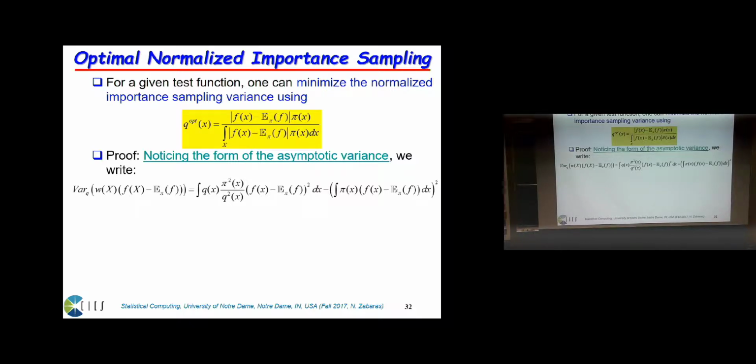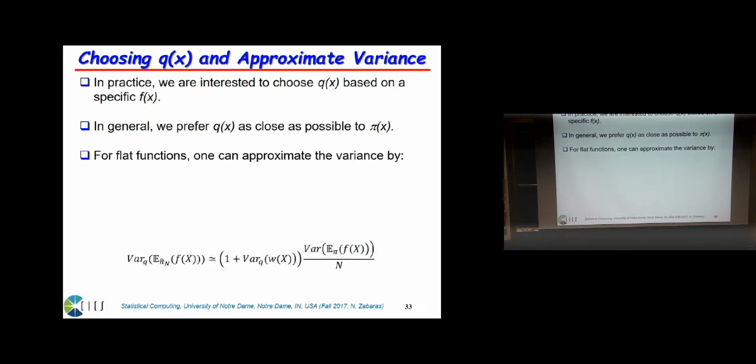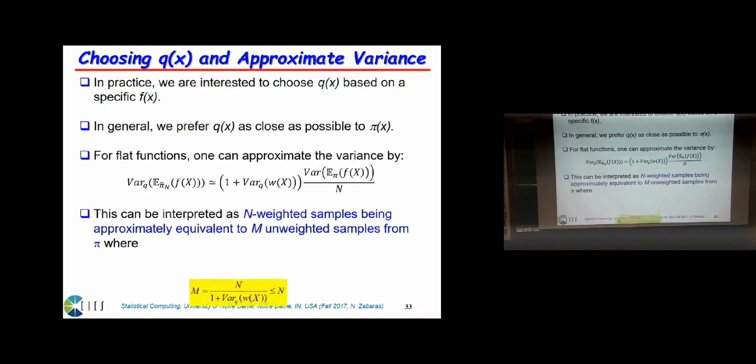Now, I'm going to give you, without proof, the following result that you will see listed in a lot of Monte Carlo books, especially in applications in physics, in biology, in chemistry.